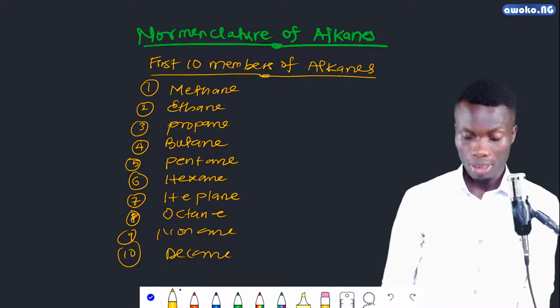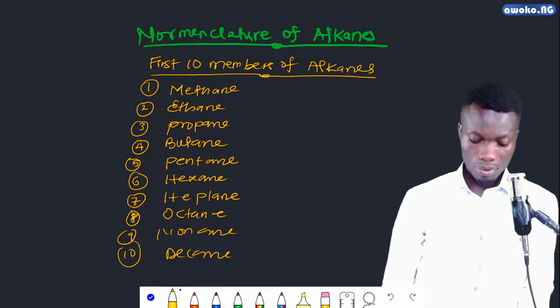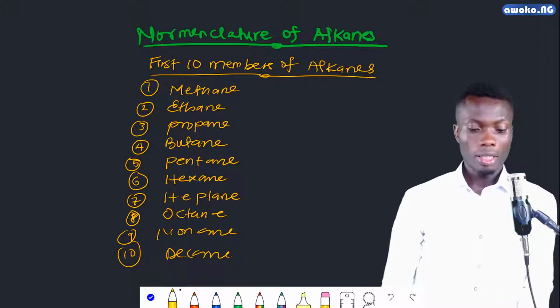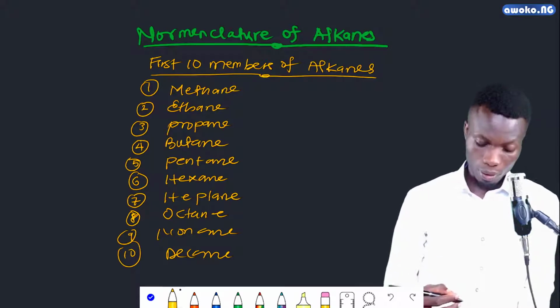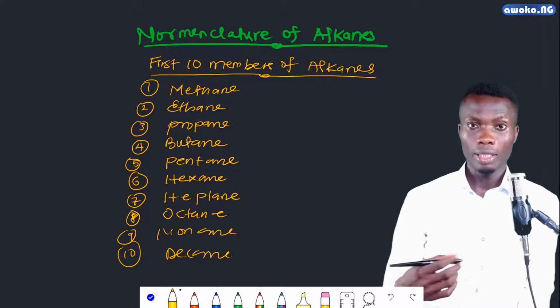For example, we said methane is a 1 carbon atom molecule. Ethane is a 2 carbon molecule. Propane is a 3 carbon molecule. Butane is a 4 carbon molecule, and so forth. So as the serial number increases, the carbon length increases.